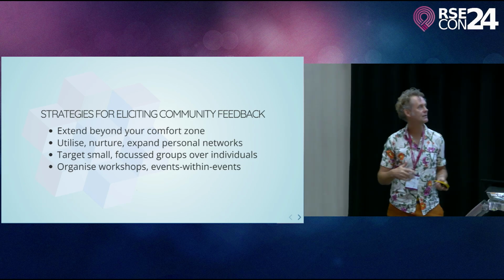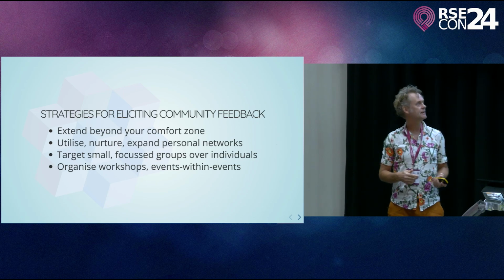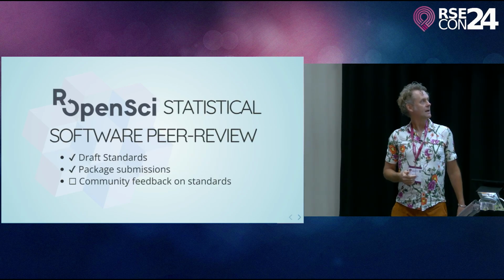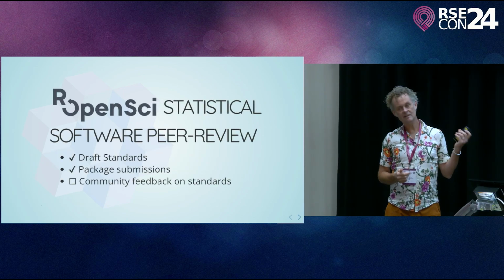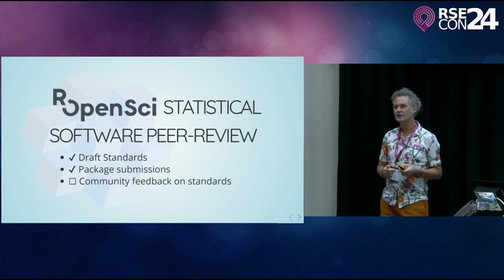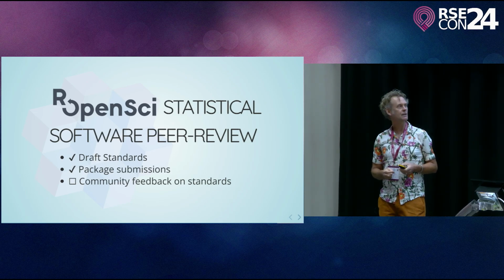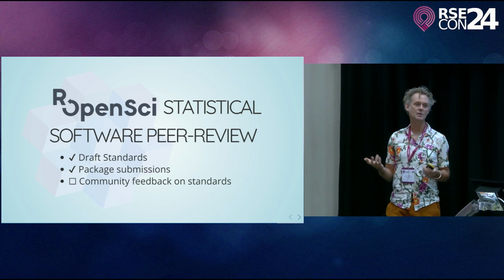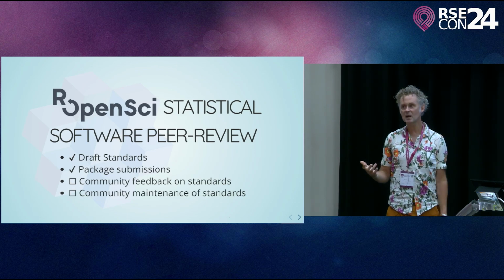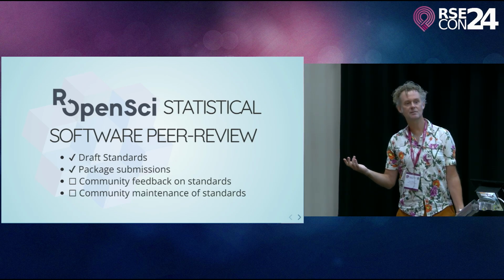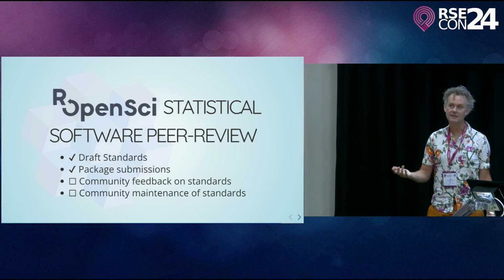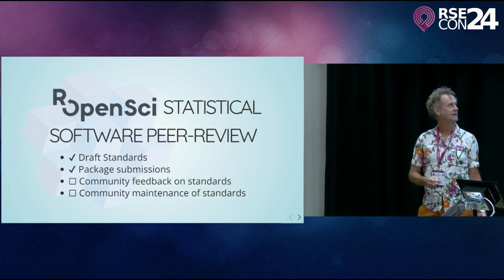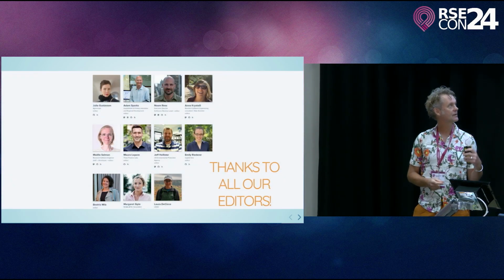It was very difficult to do a lot of this actual organizing of events. So that got us up to that stage. I haven't placed a tick on community feedback on standards because I'm still not convinced that we got the kind of feedback that we had aspired to get. And we're now at the stage where we want to pass over the standards somehow to community maintenance, ultimately, so that they become a community asset in themselves.